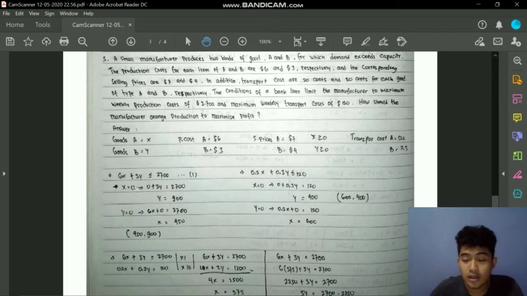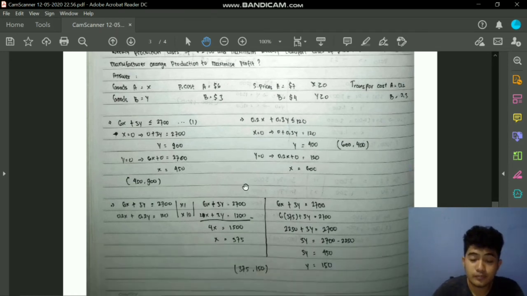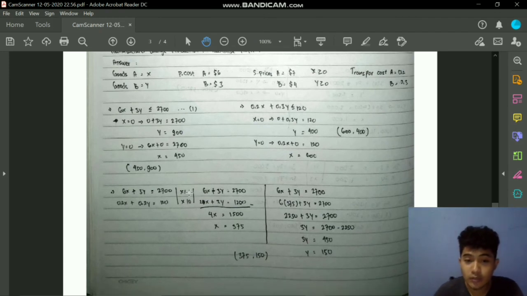Like the other question, we use 0 for x and y to get the coordinates, so we get 400 and 450 and 900 for the coordinates of the first linear equation, and 600 and 400 for the second linear equation, and we eliminate those linear equations.